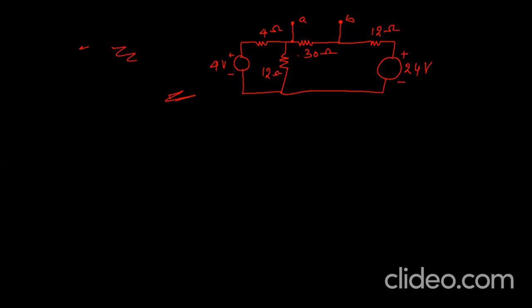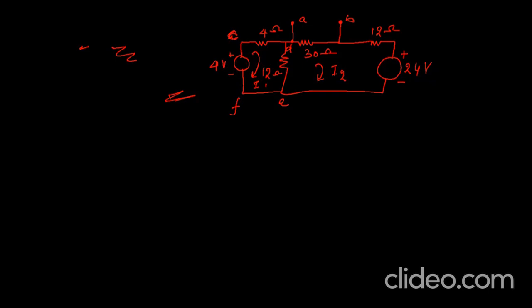For this we need just 2 loops. We have to consider this I1 current and this I2 current in these loops. So there is a very fundamental rule. Suppose this current I1 is flowing from here A, I'm going to write C, D, E, F. So our current is flowing through the 4 ohm, 20 ohm and going here.